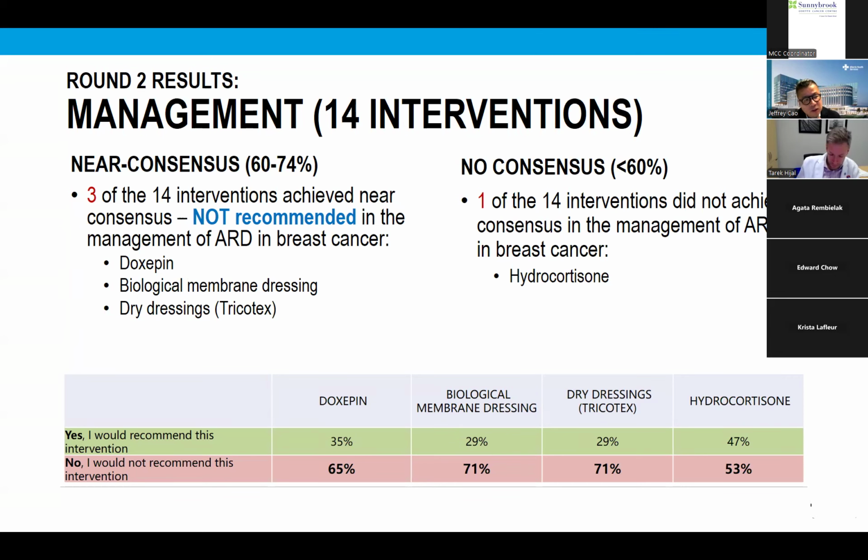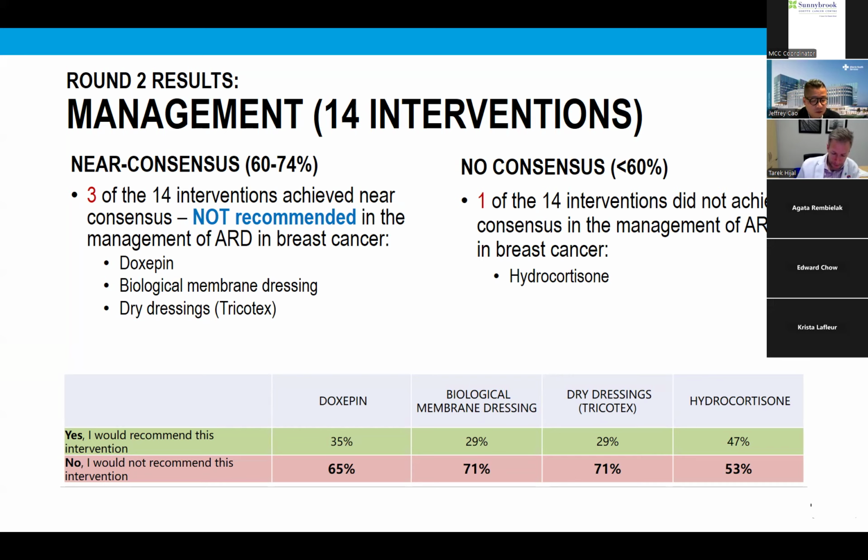I think that goes down to the fact that this is an acute or subacute toxicity, and putting patients on antidepressants doesn't sit well amongst the Canadian landscape. Also, there was near consensus that we would not recommend these biological membrane or Mepitel dressings. And then there was no consensus about hydrocortisone.